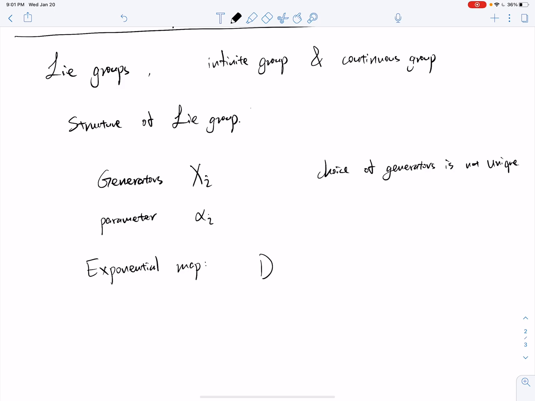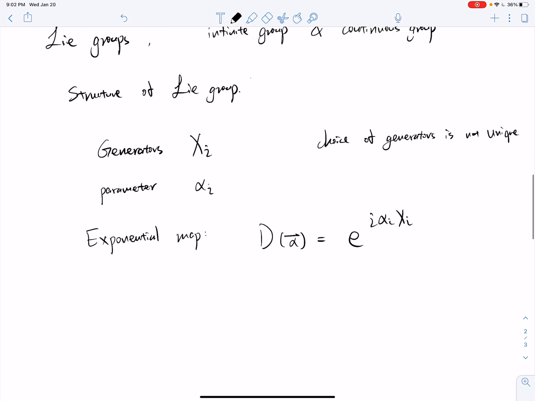This tells us that each of our group elements, in this case we jump right into the representation, can be expressed as a function of these parameters. It is equal to the exponential of i times these parameters times the generator. Here I used the Einstein notation, so the summation over i is assumed.